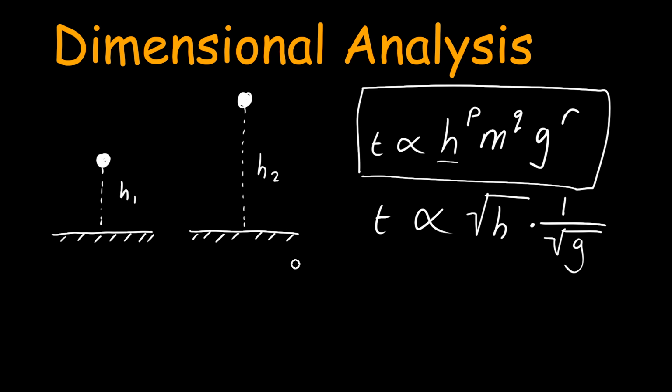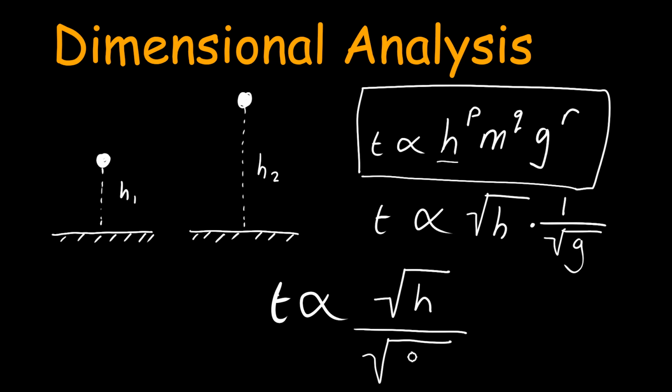So we can tidy up this equation now and say that t is proportional to the square root of the height divided by the square root of g.